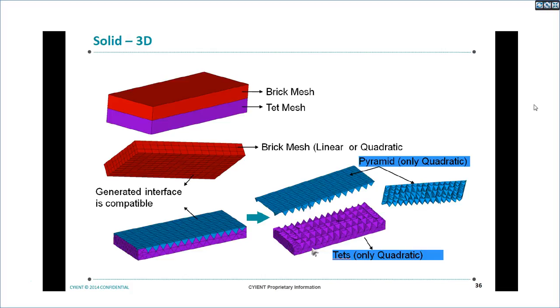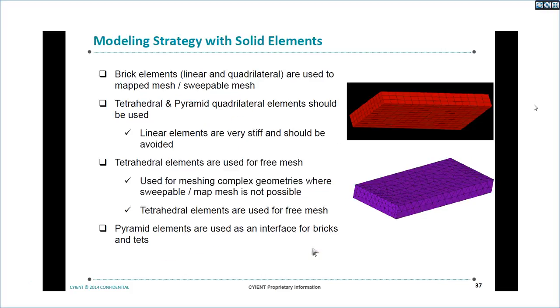Okay, so when you try to model very complicated geometries, at a few locations we can go for brick mesh, at a few locations you cannot go for brick mesh. At that time we need to use this option, brick plus tet plus pyramid.